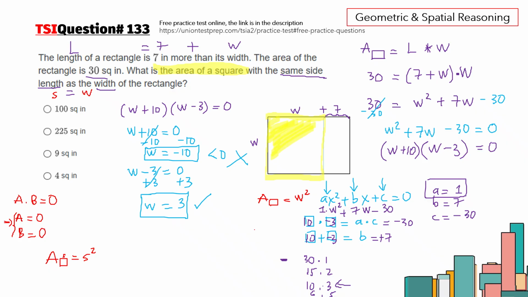Okay, and since they're asking for that square, we have to continue to plug in. We have the formula right here. The area of the square will be W squared, and W is 3, so 3 squared equals 9. So 9 square inches is the correct answer.